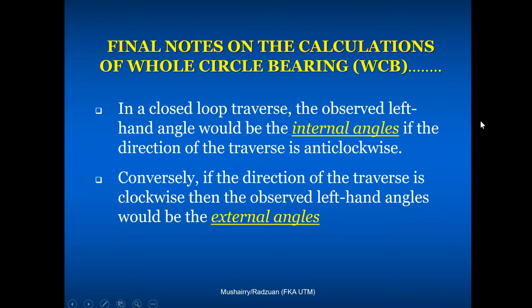Okay, final notes on the calculation of whole circle bearing. If you conduct a closed loop traverse and the work was done anti-clockwise, that means you travel from 1 to 2 to 3 to 4 and so on in an anti-clockwise direction, you will end up with what we term internal angles.